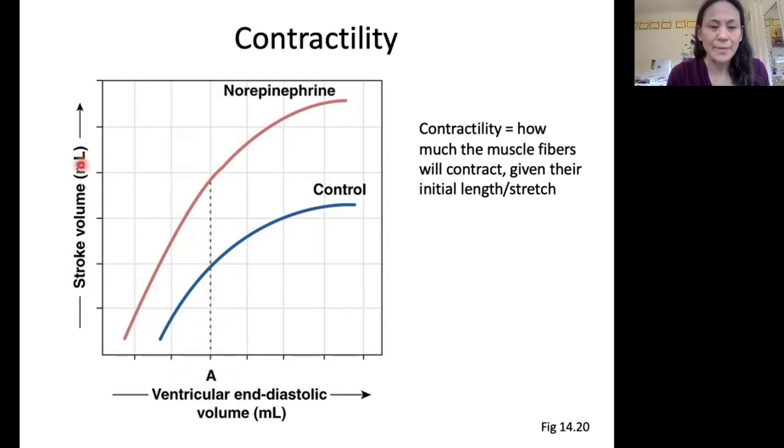So basically what's happening is that the heart is pumping harder to eject more blood for a given end diastolic volume. Okay, so basically contractility is how strong the heart is pumping, right? So you can either pump weakly to pump out a little bit of blood, or you can pump more strongly to pump out more blood for the same end diastolic volume.